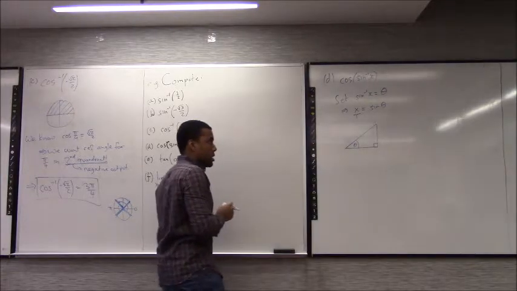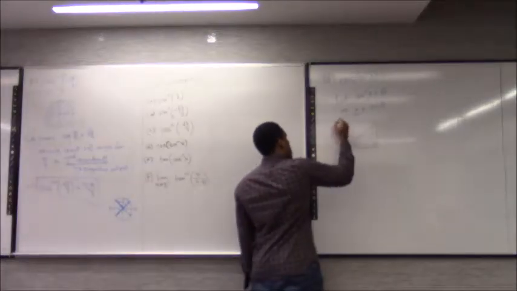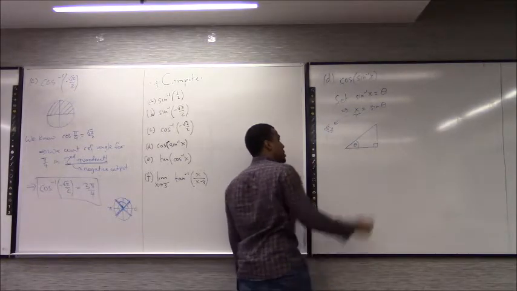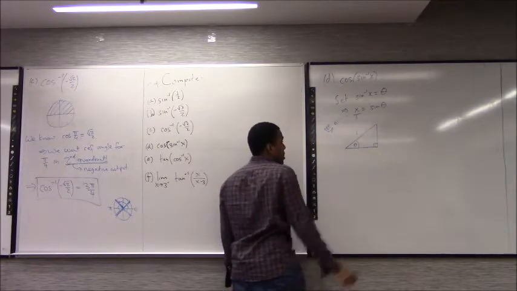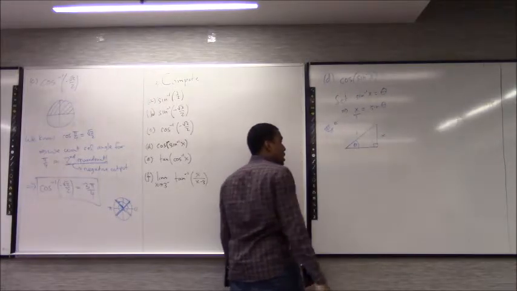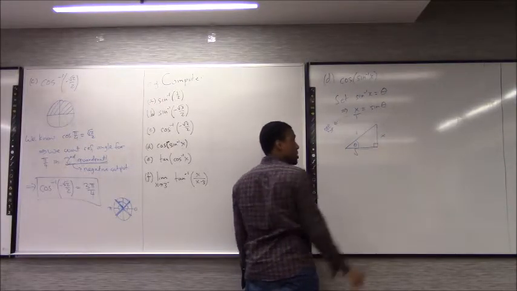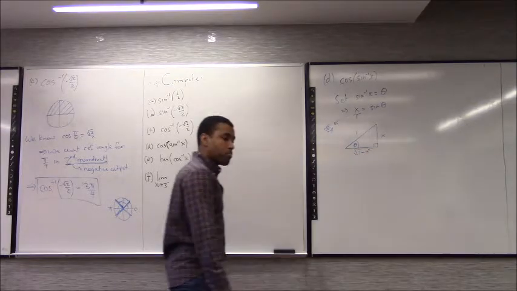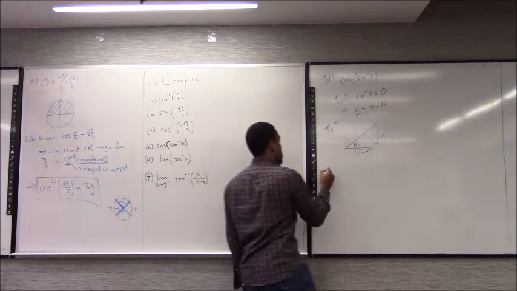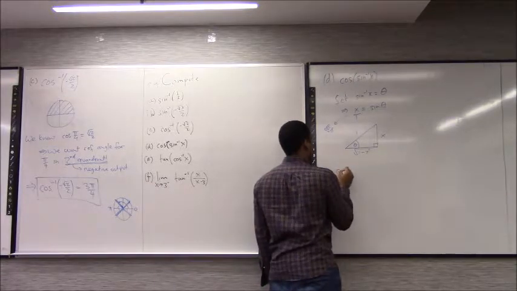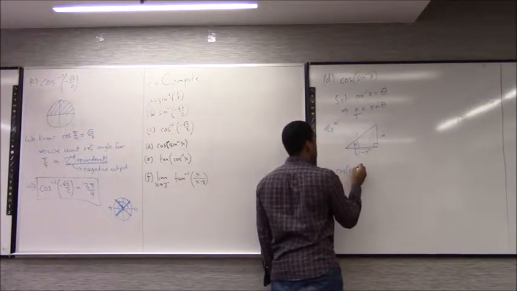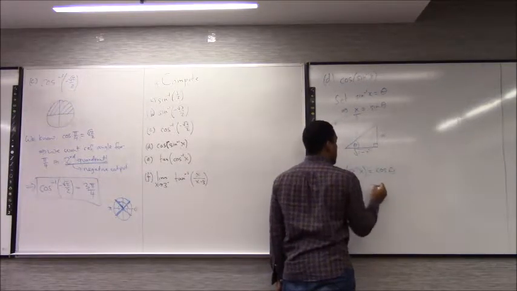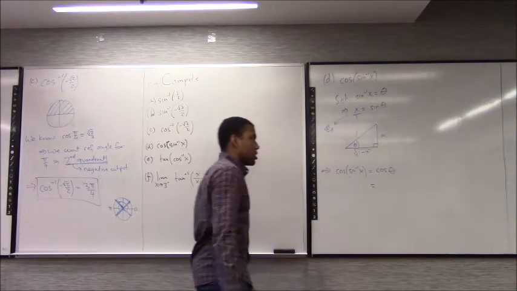Remember that sine is opposite over hypotenuse. So this means the hypotenuse has length 1, the opposite is x, and therefore by Pythagoras' theorem you can find the remaining side, which is radical of 1 minus x squared. And so cosine of sine inverse of x is really just the cosine of theta, because sine inverse of x is theta.